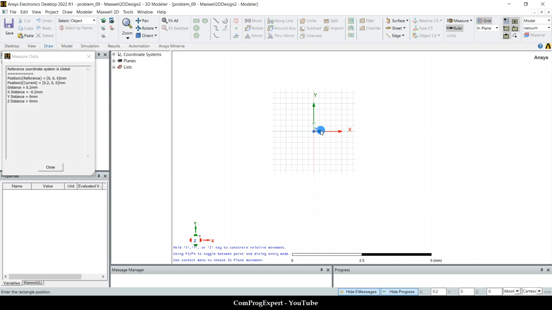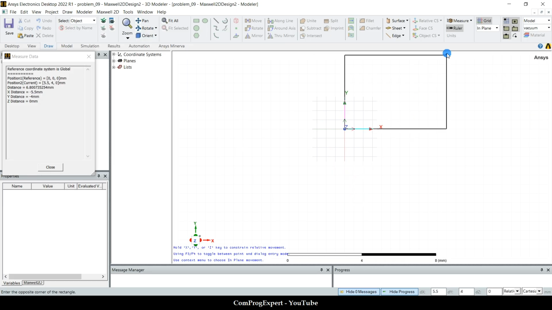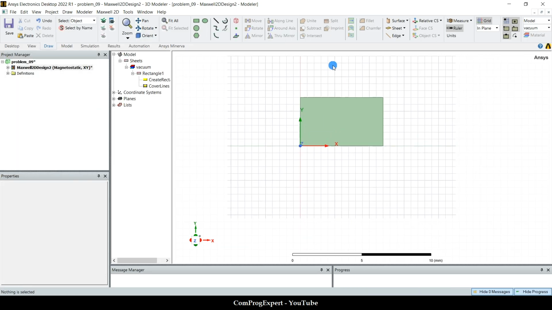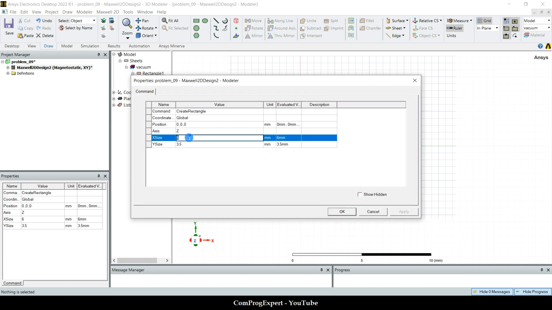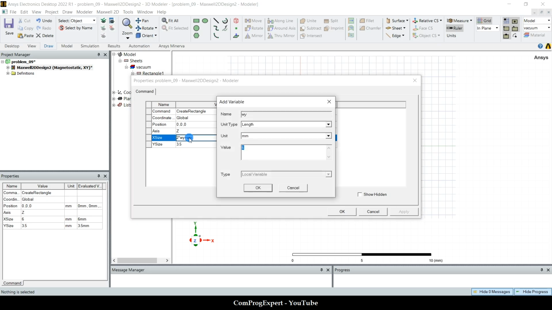Here, I am going to consider these dimensions. This rectangle X size, let's consider 2 times width of the yoke plus width of the window. Width of the yoke, let's consider 30 millimeters or 3 centimeters. Width of the window equal to 8 centimeters.